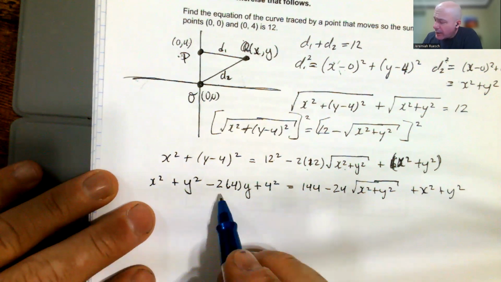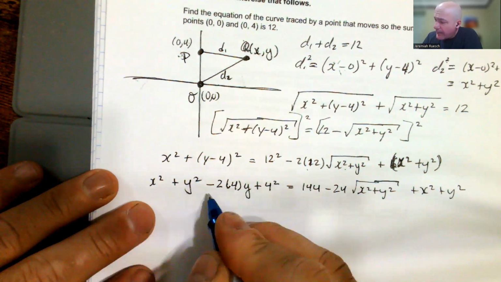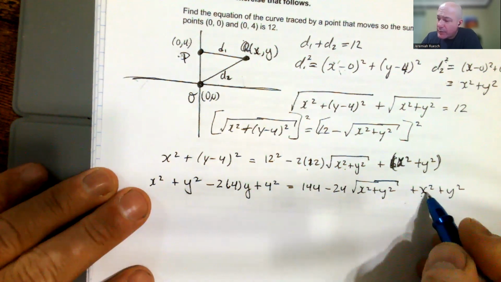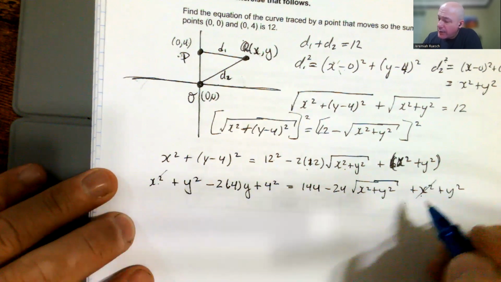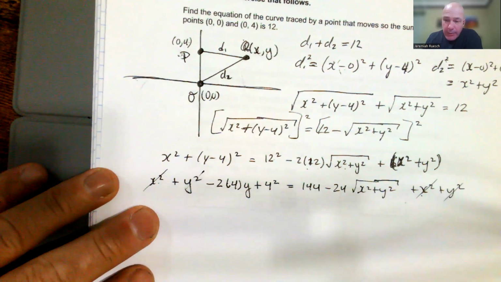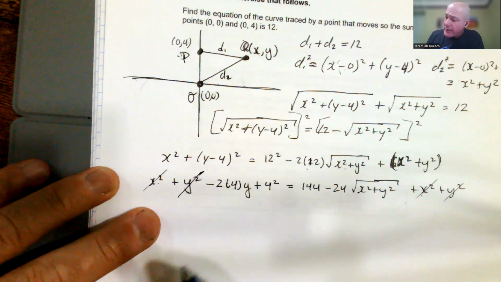So here you'll notice that this is 16 and this is 8. I have an x squared on this side and an x squared on this side. So if I subtract x squared from this side, these are going to cancel out. And if I subtract a y squared from a y squared, those terms are going to cancel out, which is really nice. That'll simplify things nicely.